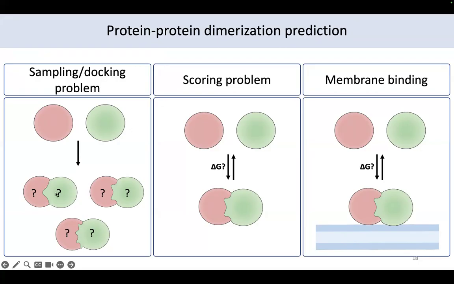So first consideration is how does the protein-protein complex look like? What is the structure? Then you have the scoring problem, meaning what is the free energy of the binding of the two proteins of dimerization? And when these proteins bind on the membrane, what is the structure and what is the free energy?